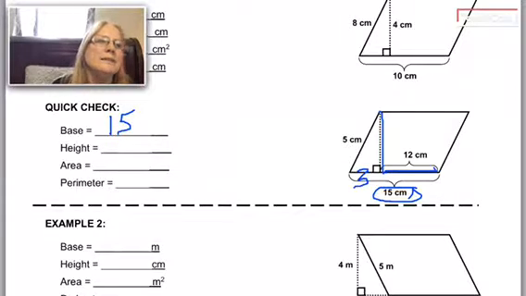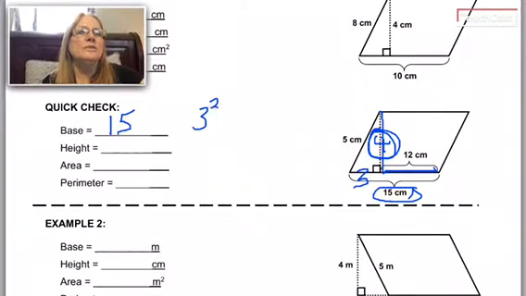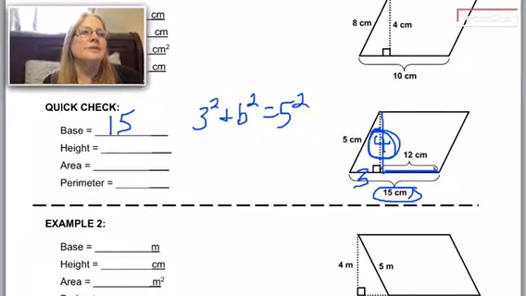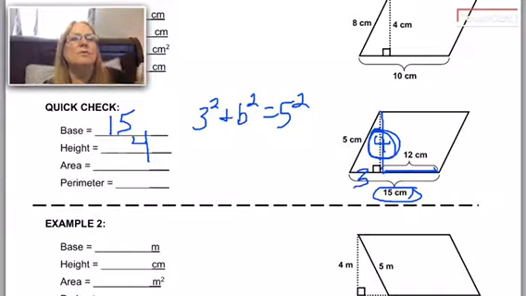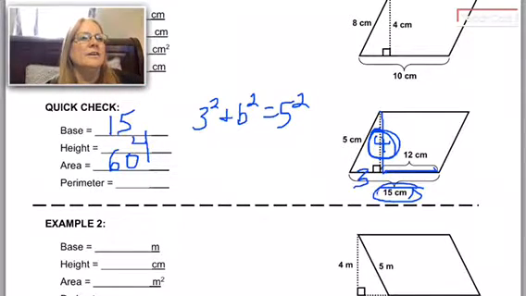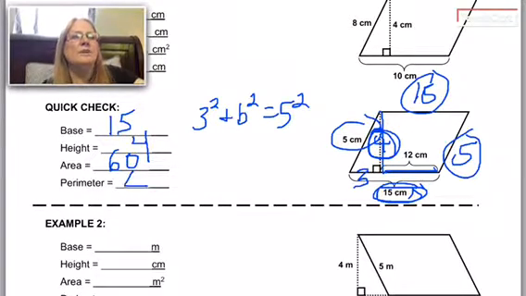This is one of the basic triples, a 3, 4, 5 triangle, so the height is 4. If you weren't sure, you could have done 3 squared plus b squared equals 5 squared. The height is 4, so the area is 15 times 4, or 60. For the perimeter, you just add 15, 5, 15, and 5, so that would be 40.